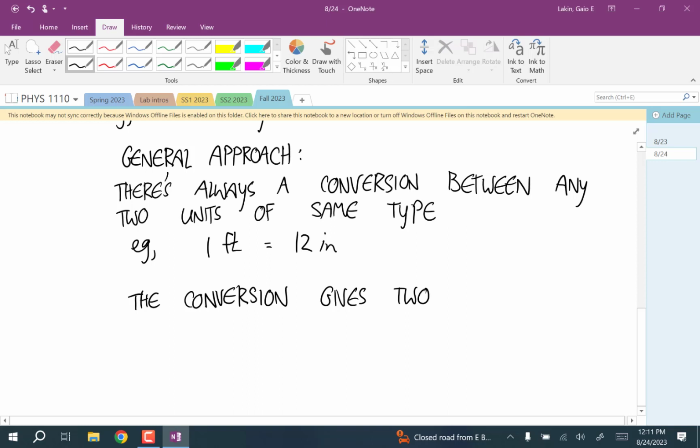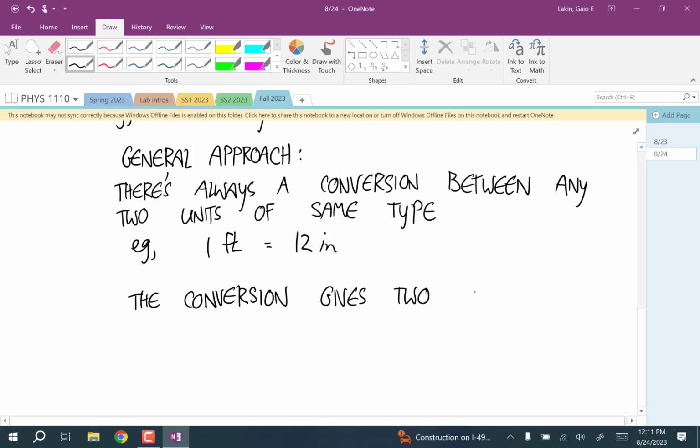Anything you divide by itself gives you the number 1. If you divide 4 by 4, you get 1. Just like that, if you divide 1 foot by 12 inches, you're dividing something by itself, so you get 1. And so you can multiply these fractions to anything without changing the value. That's the property that 1 has. You can multiply 1,000,000 times 1 and you still get 1,000,000.